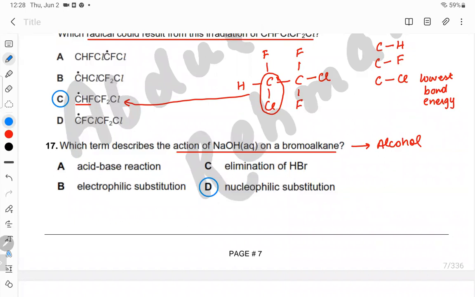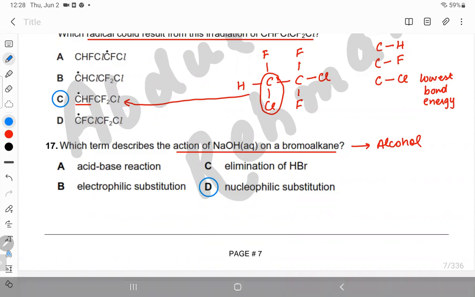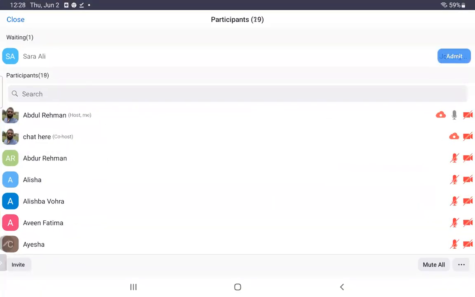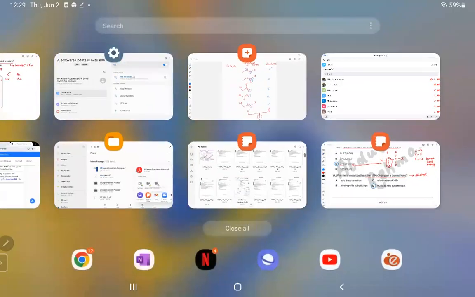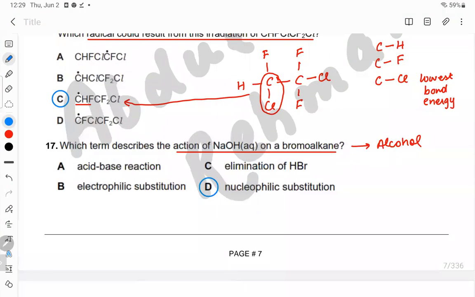Now I will discuss those queries and then we will end our class. Okay, in the first diagram, which question do you want to discuss, Halima? Question number 24 or 25?